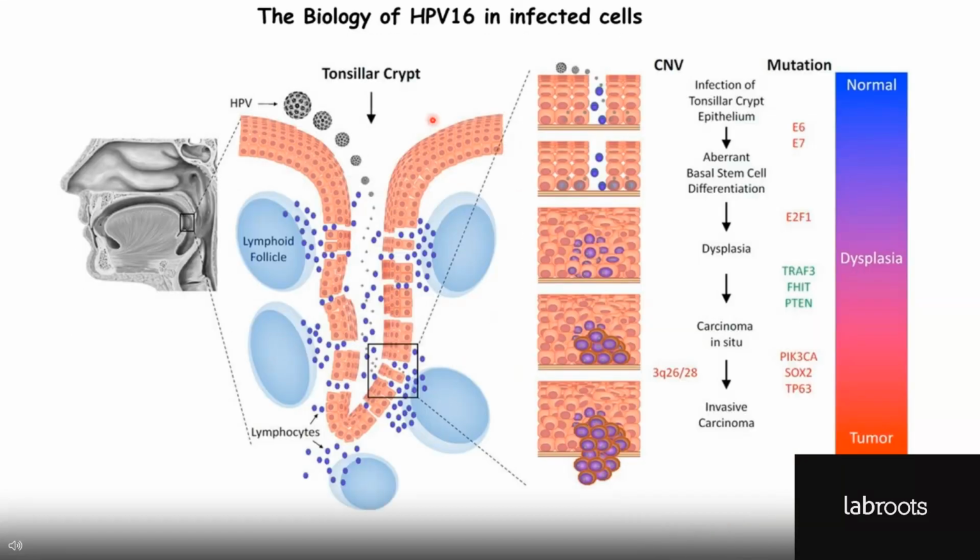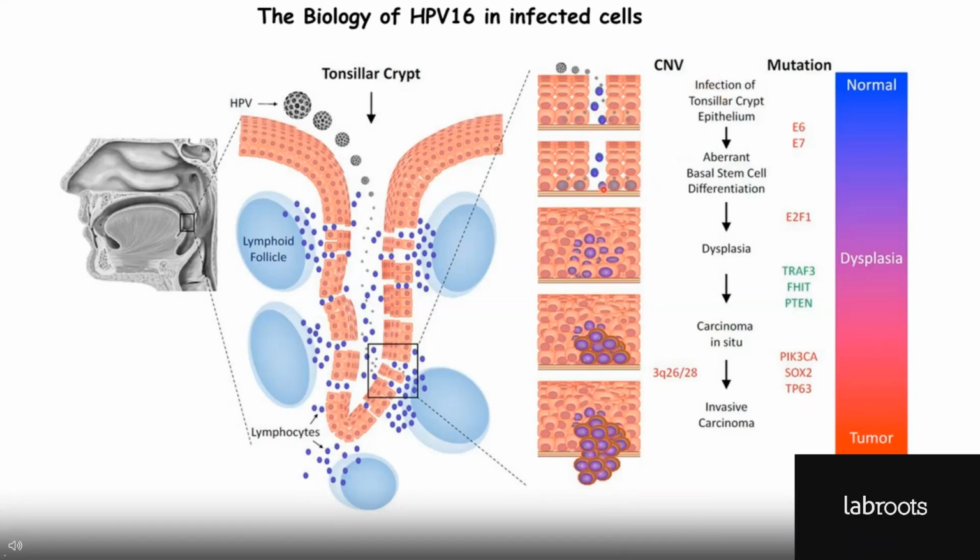So the biology of HPV16 infected cells essentially starts at the tonsillar crypt. And you can see an expansion as I expanded this one over here. The HPV infection occurs through this basal layer.